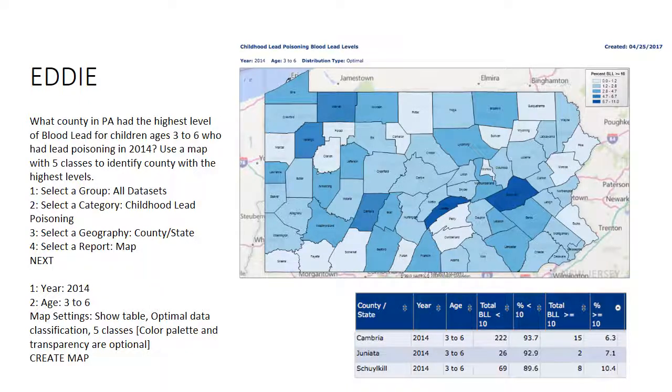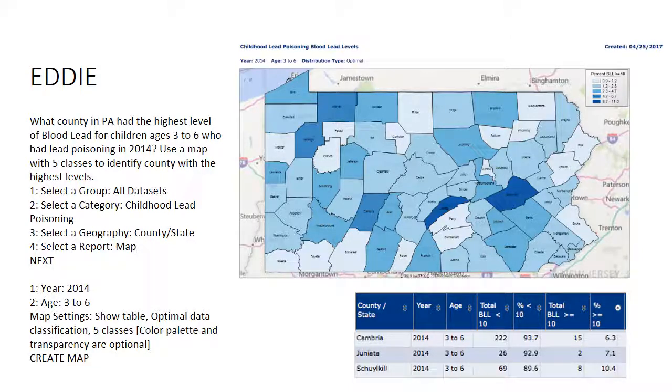Your color palette and the transparency are optional. They have a couple of different colors. If you have a preference, you can use whatever color you want. I went with blue. I just liked the way it looked, but they have purple, I think, and red and green. So whatever color floats your boat, go for it.